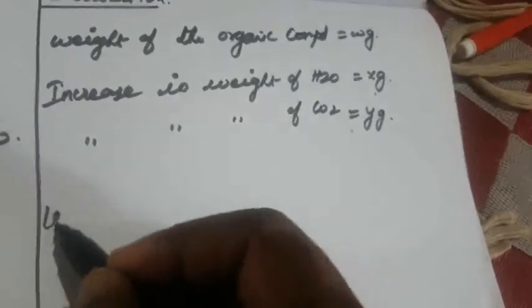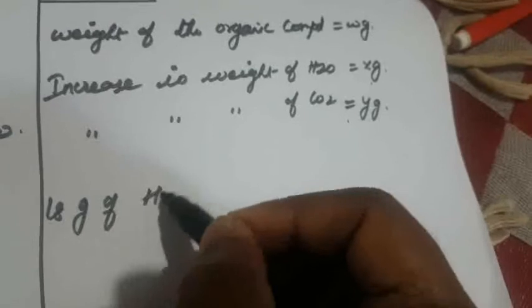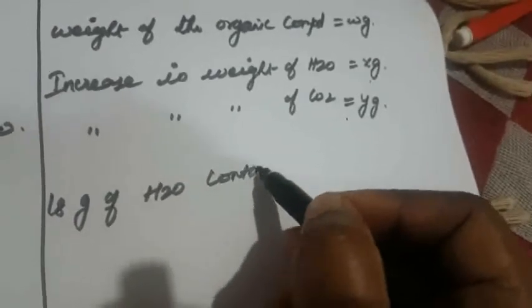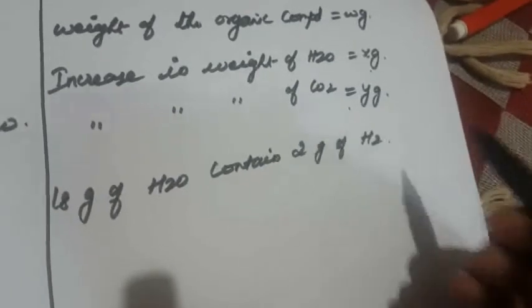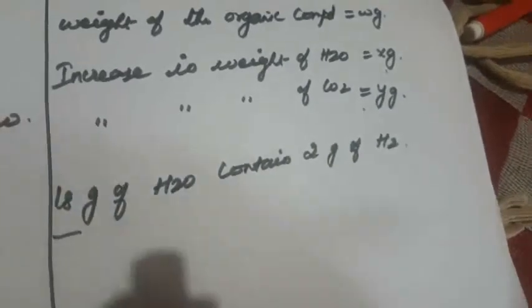Next, 18 gram of water contains 2 gram of hydrogen. How is it calculated? The molecular weight of water, H2O: hydrogen is 2 plus oxygen 16 is equal to 18.